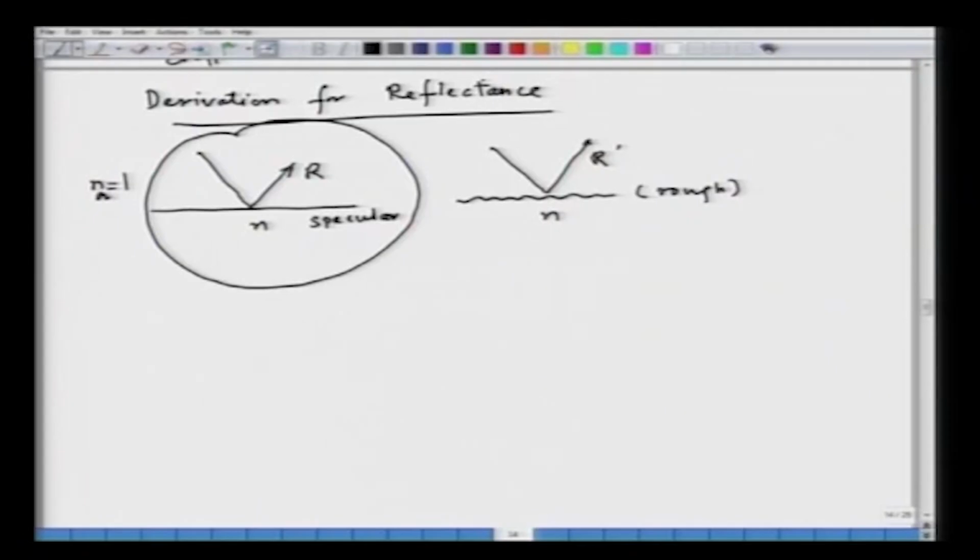Now, what will be the boundary conditions when we take up such a case?